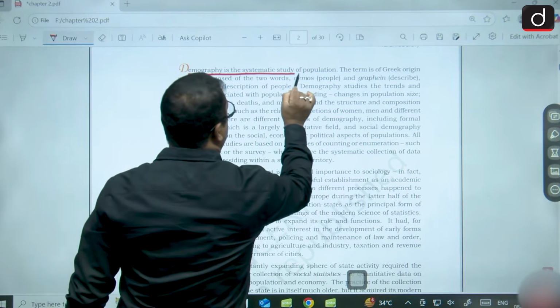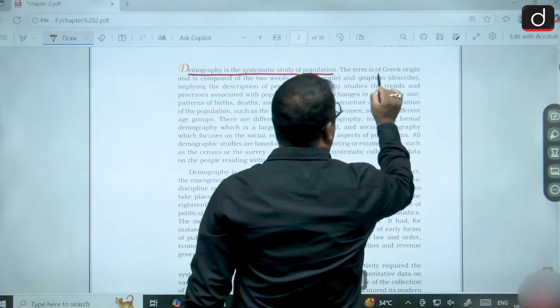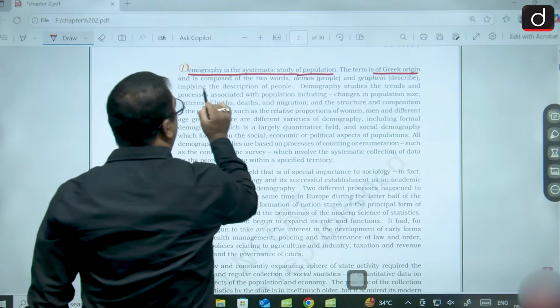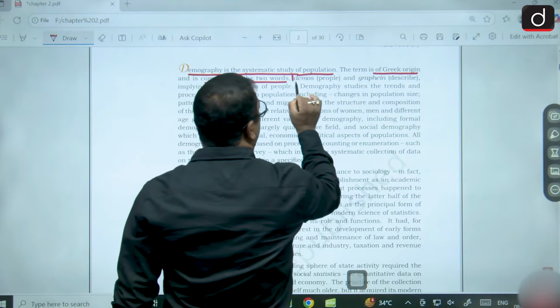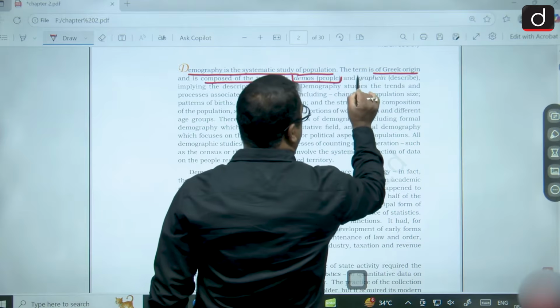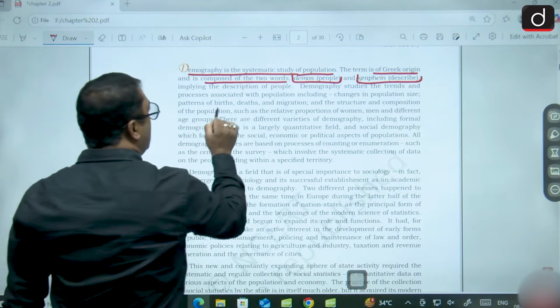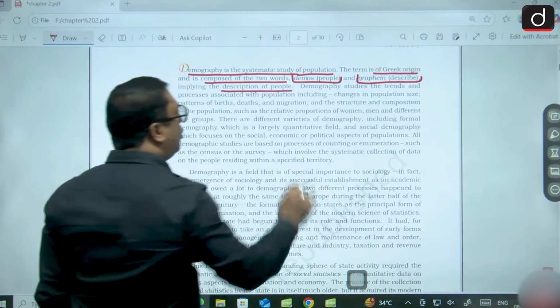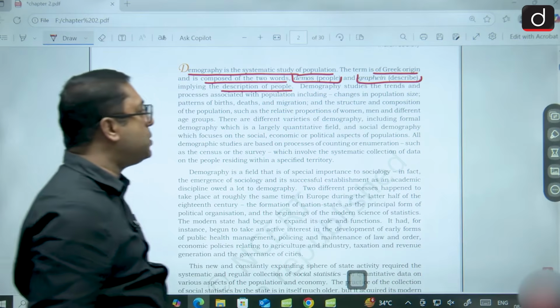Demography is the systematic, underline it, study of population, and the term is from Greek origin, and it is composed of two words. One is demos, which means people, and graphin, which means describe. So this means description of people. Got it?